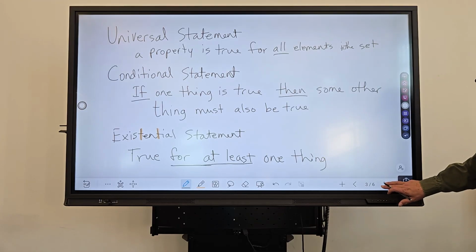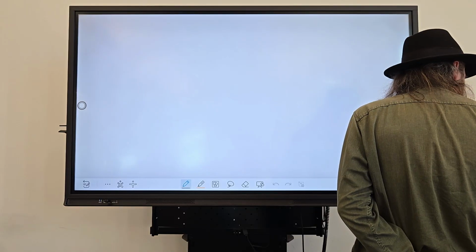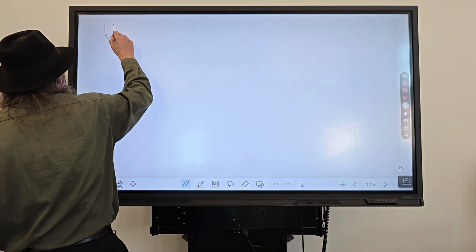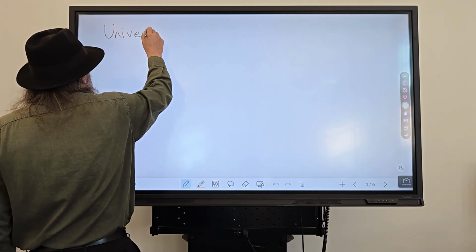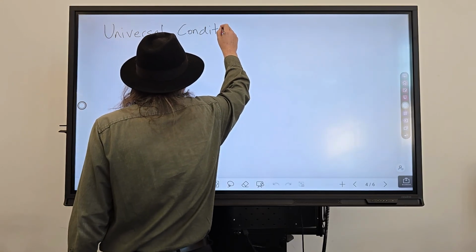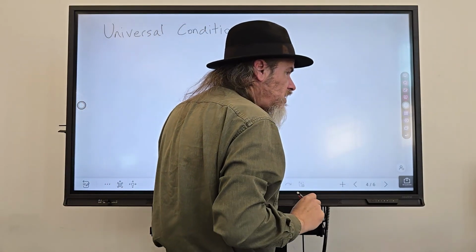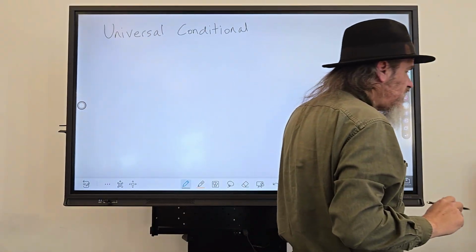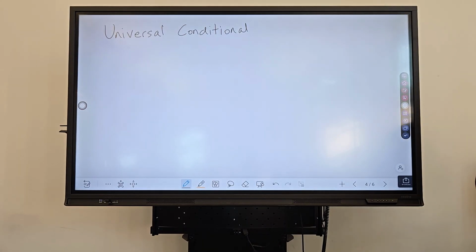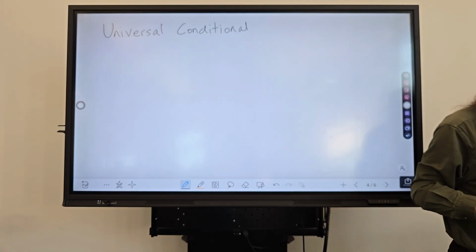For example, you have the universal conditional statement. It is a statement that is both universal and conditional. Best explained through an example.